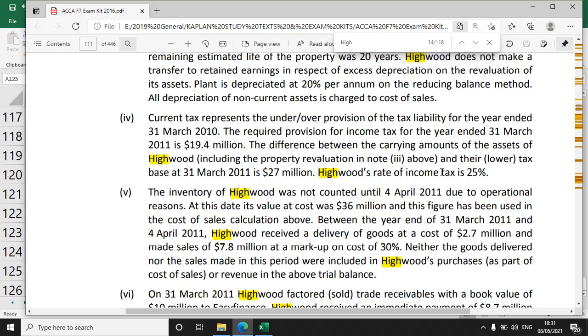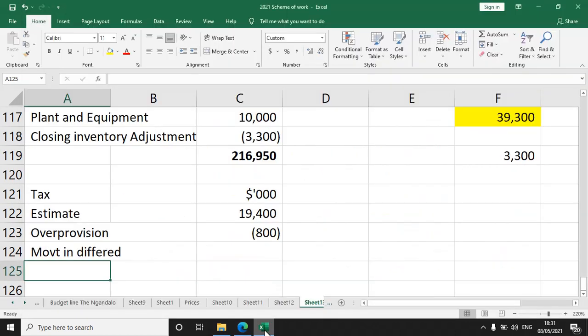Highwood's rate of income tax is 25%. So we're going to find 25% of 27 million and call that closing deferred tax, but we have to remove the deferred tax relating to the revaluation.